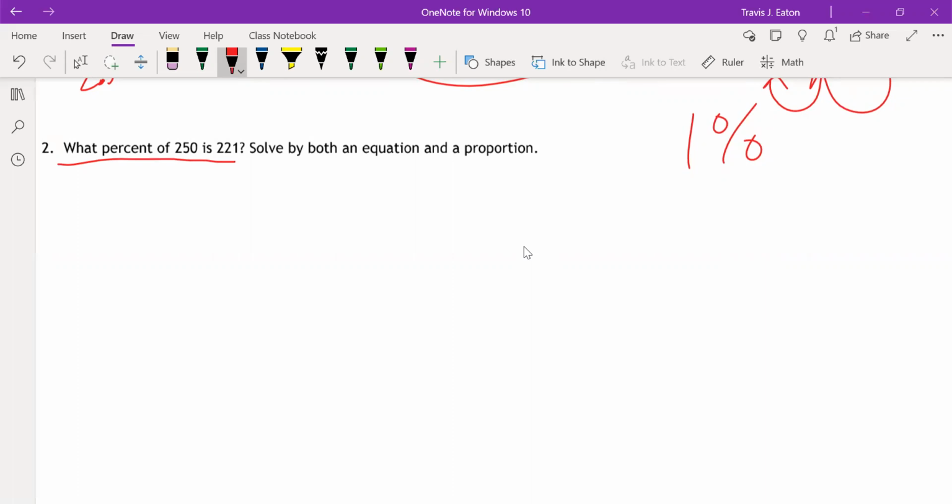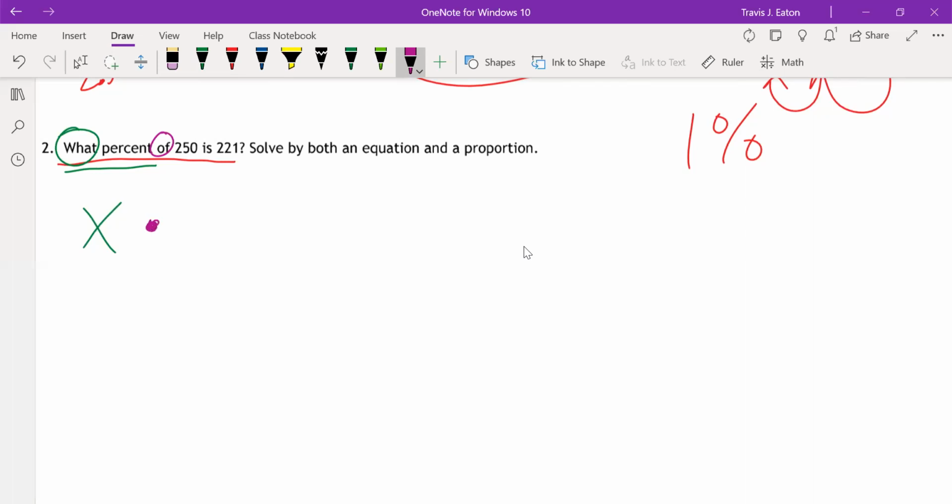That's a math sentence. And the cool thing about math sentences is everything in a math sentence means something mathematically. For example, what percent? Well, anytime you see the word what, that's going to be your unknown. That's the thing you're looking for. And then of, the word of means multiply.